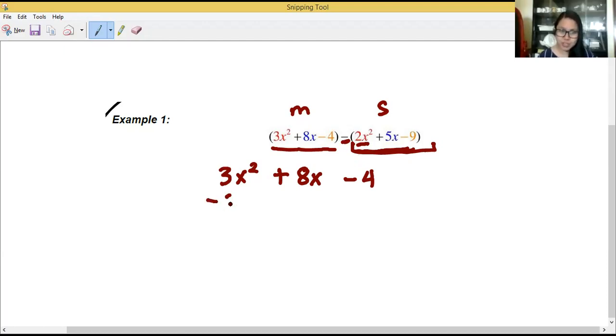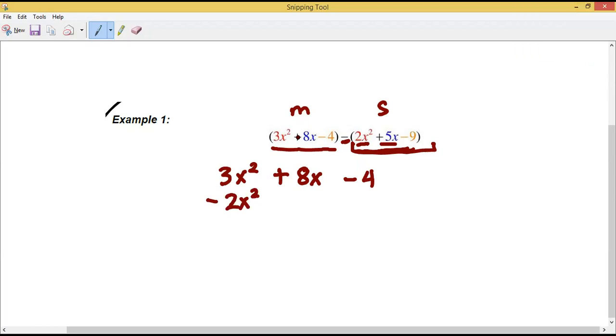Align, negative 2x squared. Next, 5x, what's the opposite? 5x becomes negative 5x. So minus 5x. The next one, negative 9 becomes positive 9. So we have now changed the sign of the subtrahend and we already aligned similar terms.